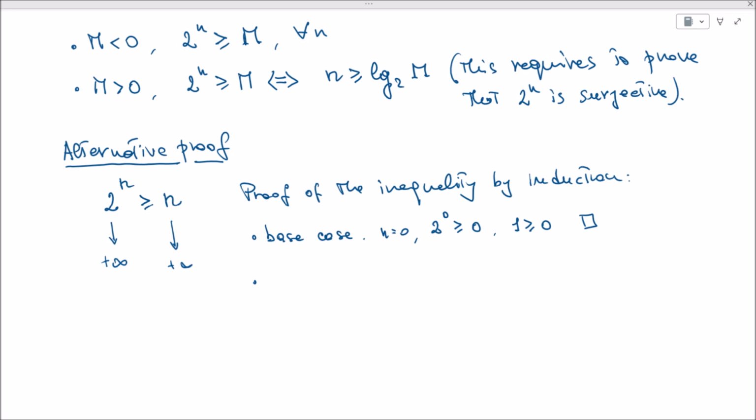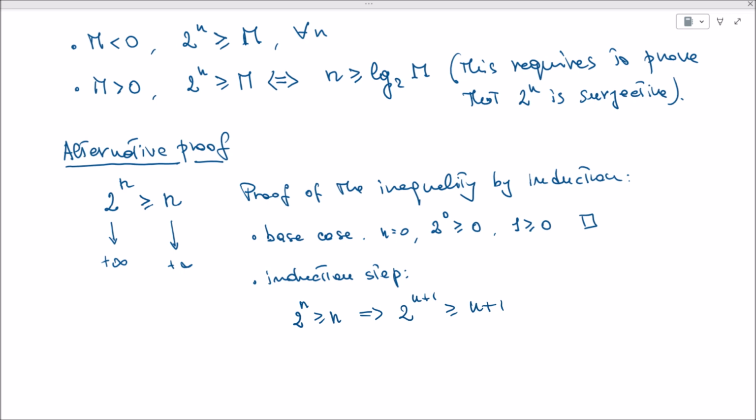And then we need to prove the induction step. Namely, the fact that if 2 to the n is larger than or equal to n, then 2 to the n plus 1 is larger than or equal to n plus 1. Okay, so this is what we need to prove.